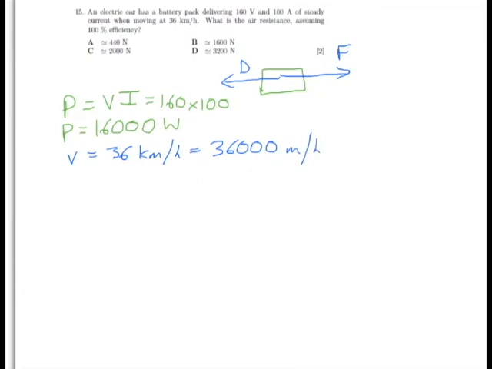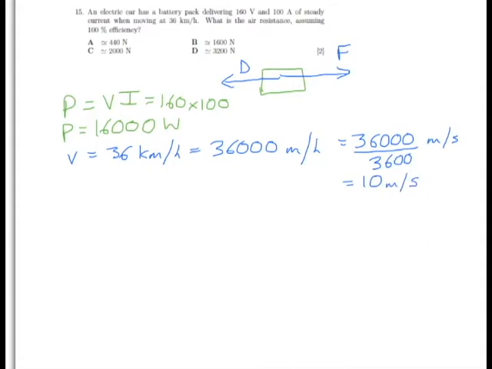Still not an SI unit, so we need to divide 36,000 by the number of seconds in an hour, which is 3,600, that's 60 squared, to give us an answer in meters per second, which we'll find is actually 10 meters per second. Okay, so we've got some numbers to work with now.